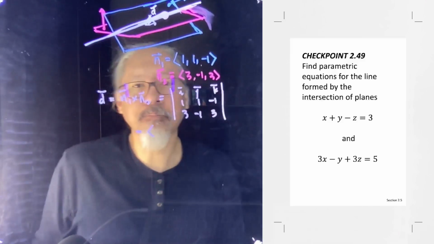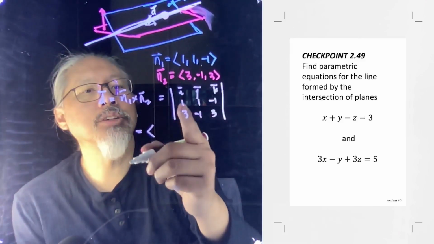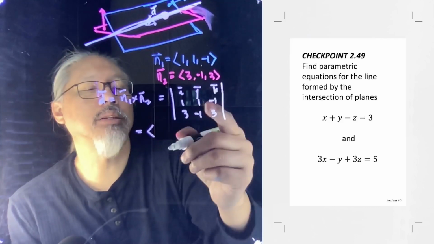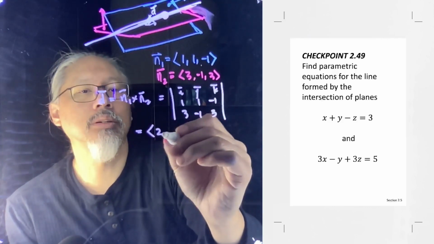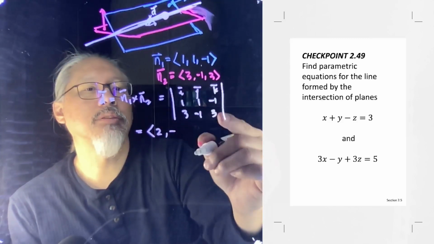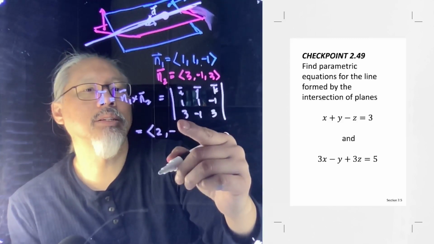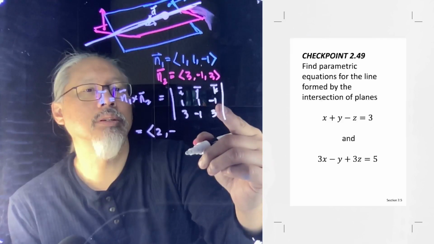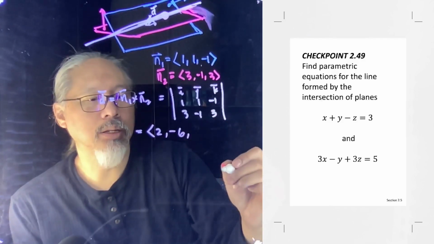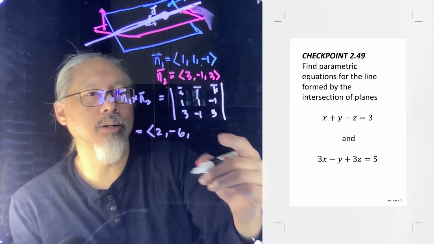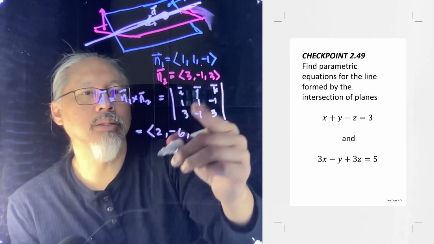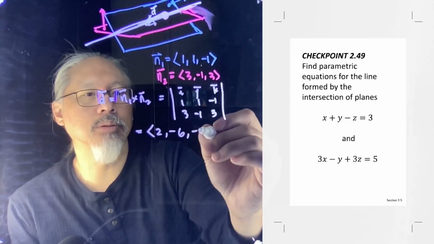In the i direction we're going to get 3 minus 1, and in the j direction we're going to get negative 3 minus negative 3, so that would be 3 plus 3, which is 6. And then in the k direction we're going to get negative 1 minus 3, so that's negative 4.